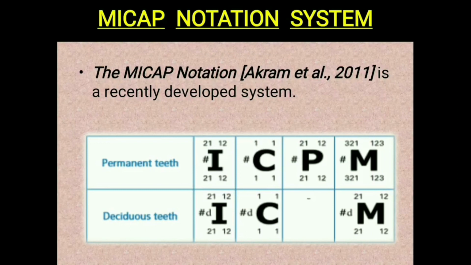And for deciduous teeth, we will simply add small letter D on the left side of that code. So it is easy to understand and remember, and it can be used when we want to show some specific tooth.